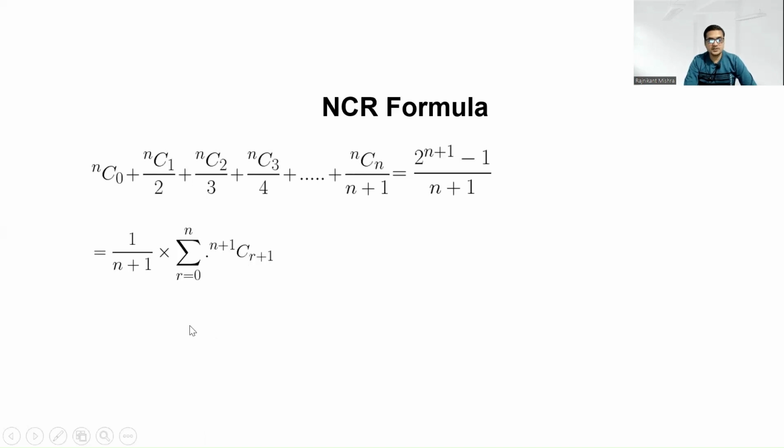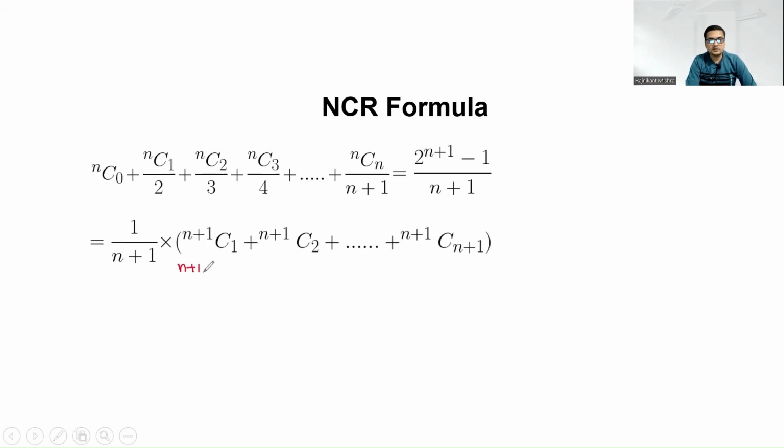Now expand this expression 1 by n plus 1 into, put r is equal to 0, n plus 1 C1, r is equal to 1, n plus 1 C2, and so on, put r is equal to n, n plus 1 C n plus 1. Now add n plus 1 C0 and subtract n plus 1 C0.